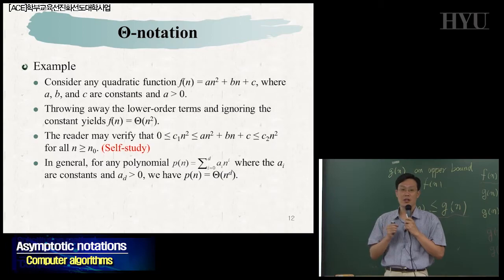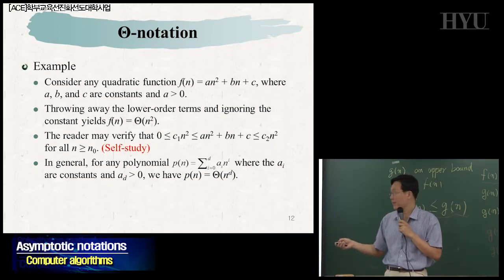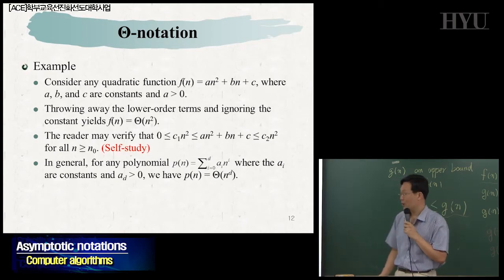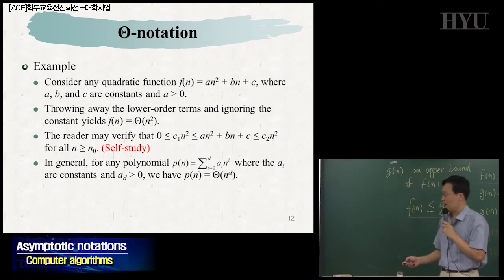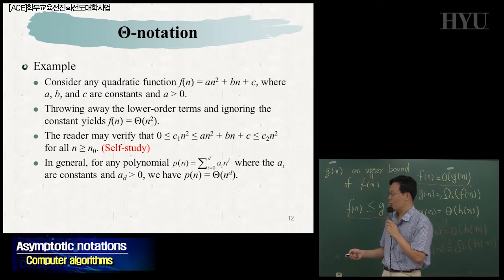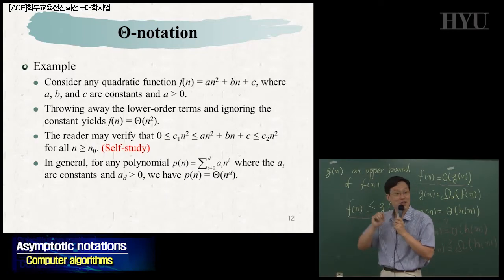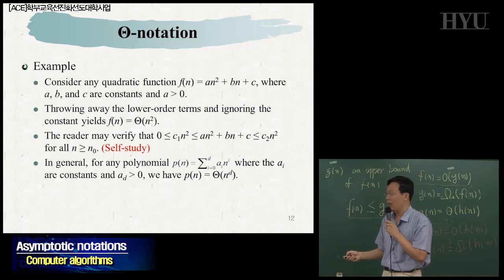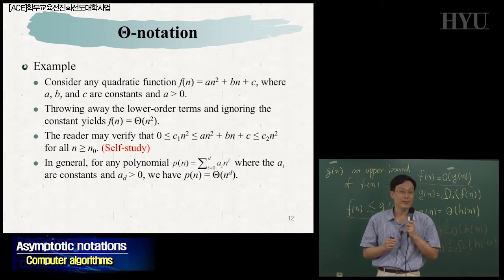You can use the same technique to prove this. So this is a self-study topic. In general, for any polynomial whose highest degree is d, it's theta of n to the d.